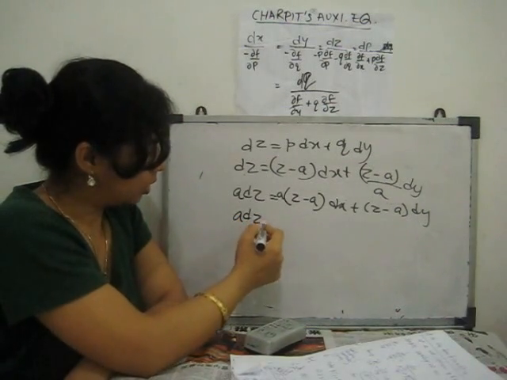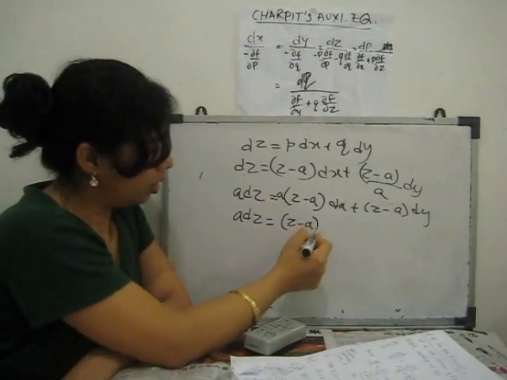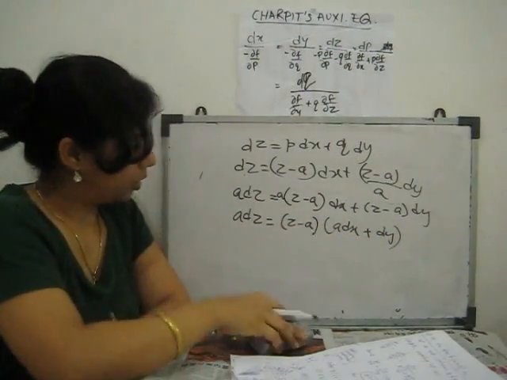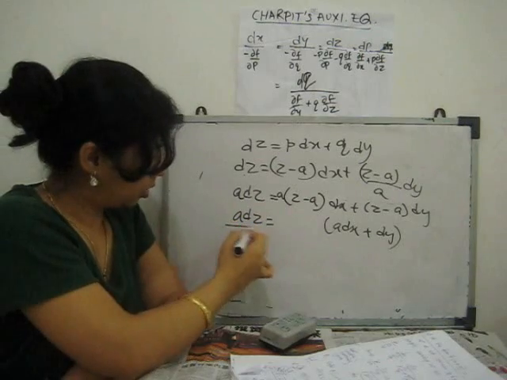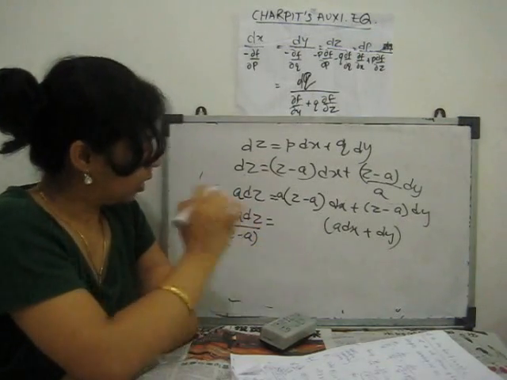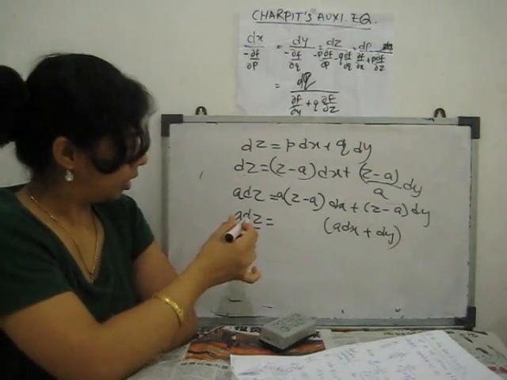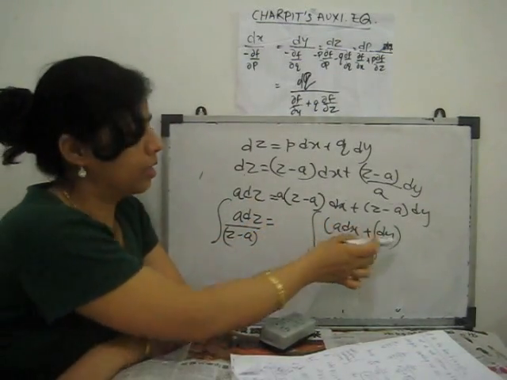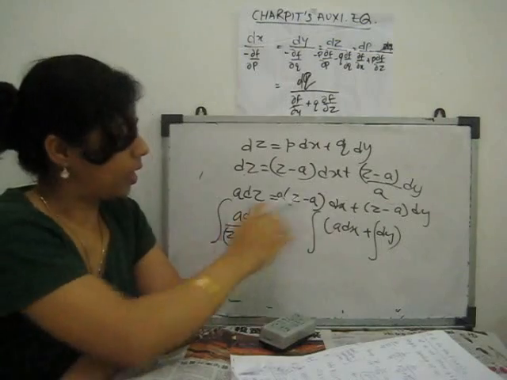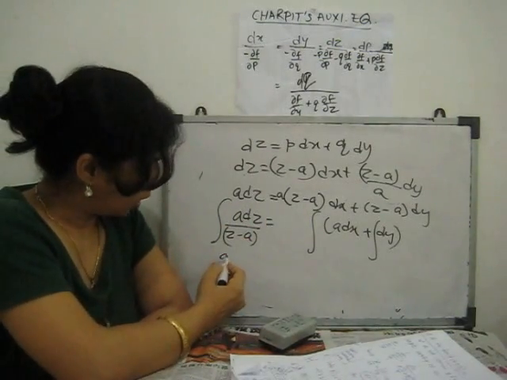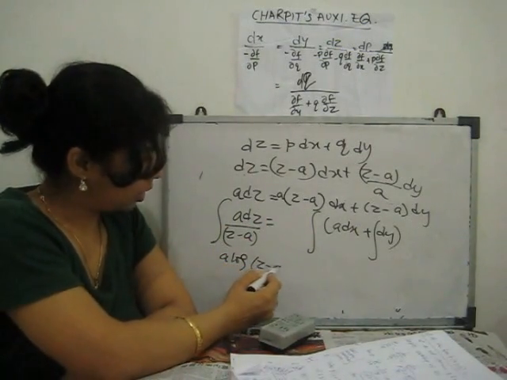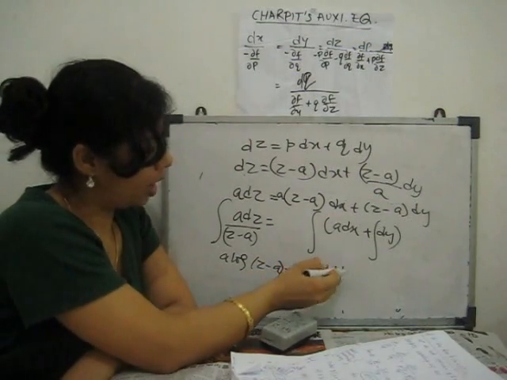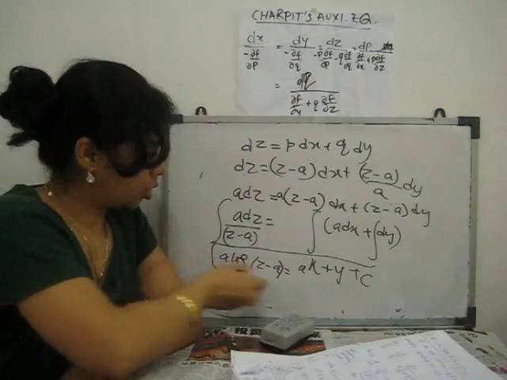So a dz upon (z minus a) is dx plus dy. Clear? Now see, all z here, x and y with the constant. Now we can easily integrate it. It gives a log of (z minus a) equals a x plus y plus c. So the required solution is this.